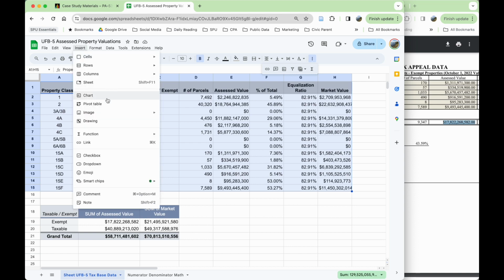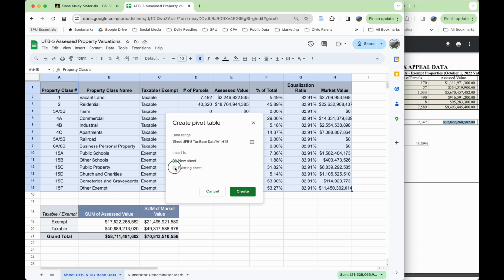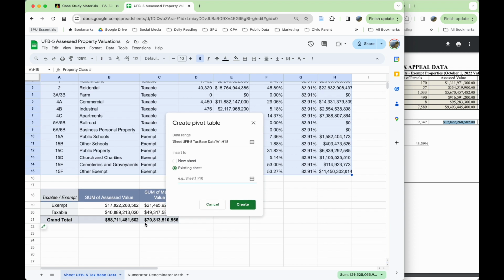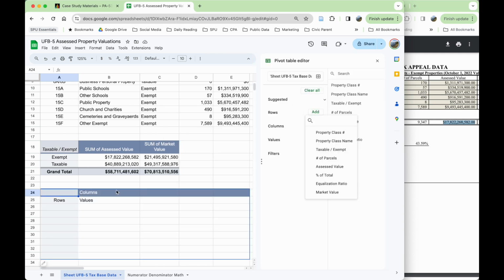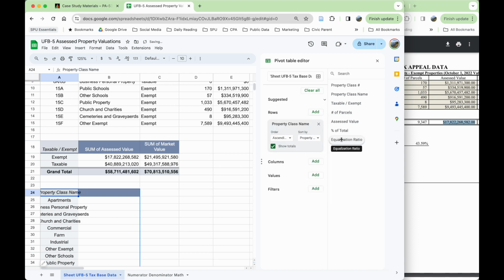So let's do this again. I'm going to do another pivot table. I'll put it in the same sheet, and I'm going to put it down here. Click OK. What I want to do is visualize my tax base and how much assessed and market value is within each property class. So the way to do that is I'm going to choose the property class name.